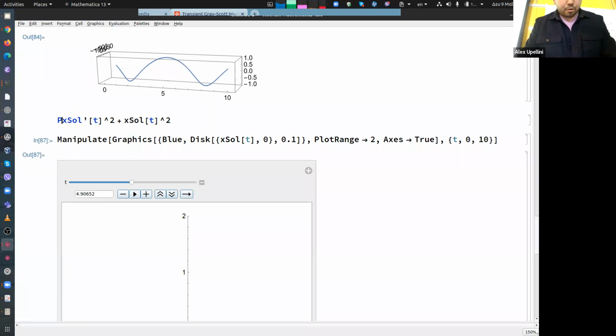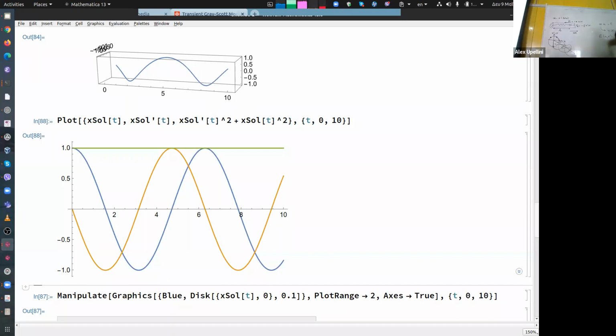So I plot the solution, plot the derivative, plot the energy, and that's all for t from 0 to 10. So here you have the position, here you have the speed, and if you compute this quantity, speed squared plus x squared, you see that you get a green line which is constant. Okay, so that's the theorem of the conservation of energy.